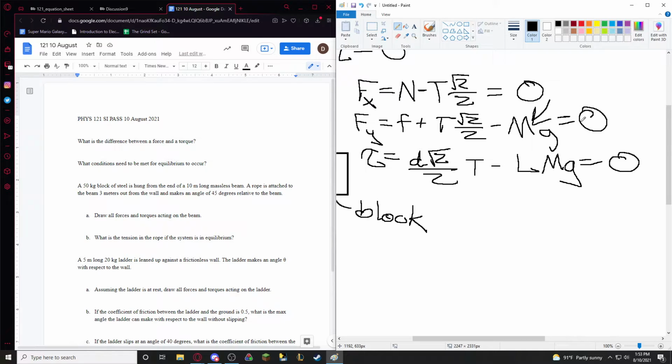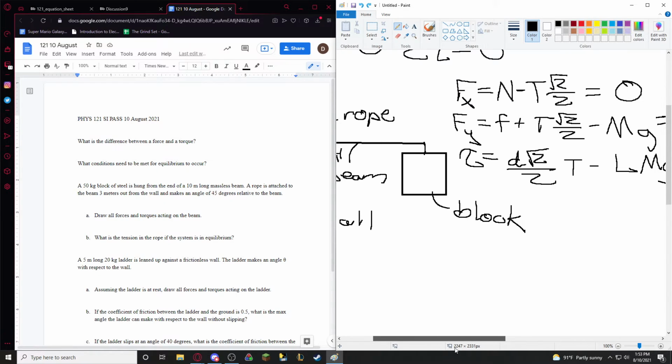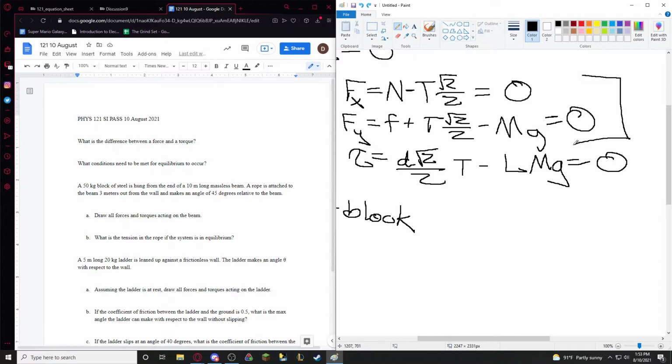Oh wait, technically 3: the tension, the normal force, and the friction force, but we have 3 equations, so it should be fine. Exactly. We have 3 equations and 3 unknowns, which is enough information to solve this entire problem. So we don't even need these first 2 equations. We only need the torque equation to solve for the tension itself. But we can use all 3 to calculate also the normal force and the frictional force. And let's do that. Why not? Bonus points. We'll calculate all the forces.